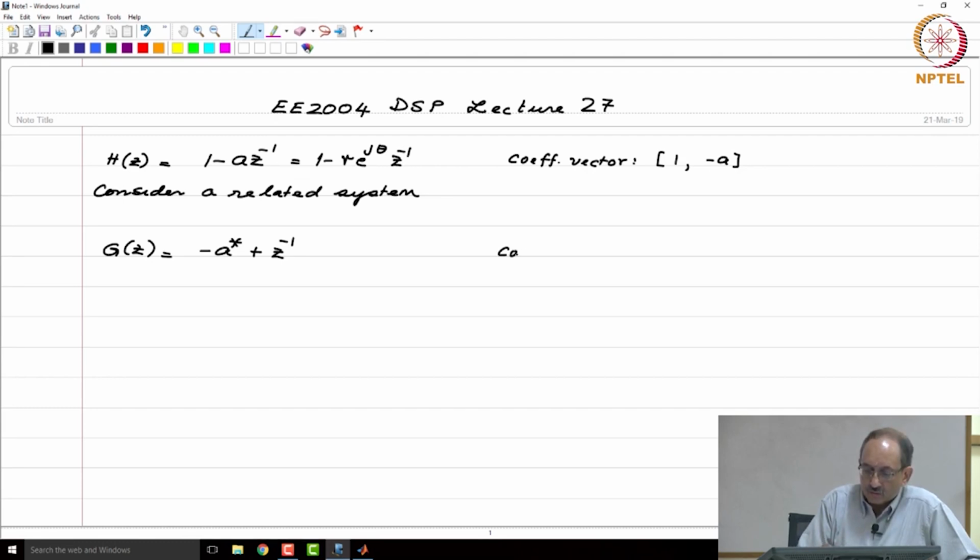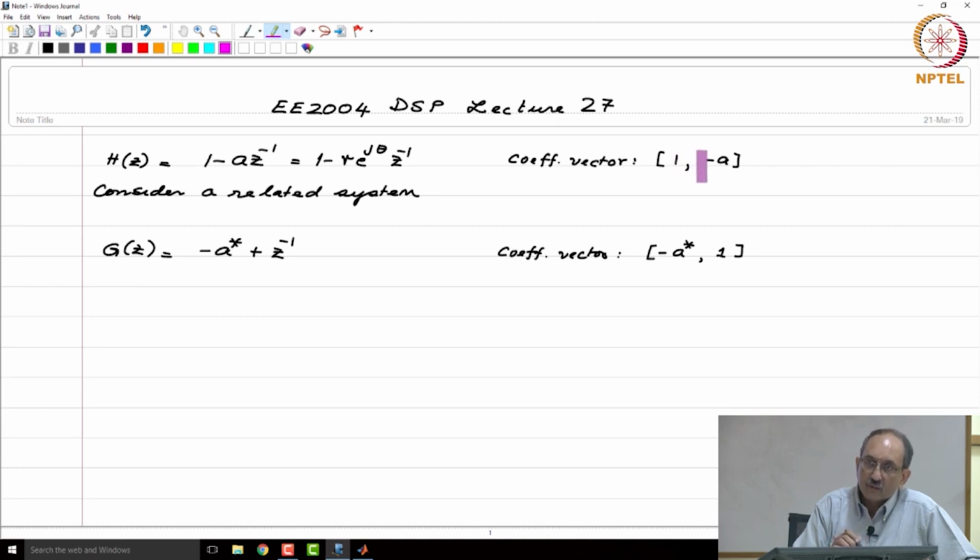And now let us look at the coefficient vector in this case. This is clearly minus a star comma 1. So, what is happening here is we have taken this coefficient vector and done two things. One is complex conjugate it, the other is time reverse it.